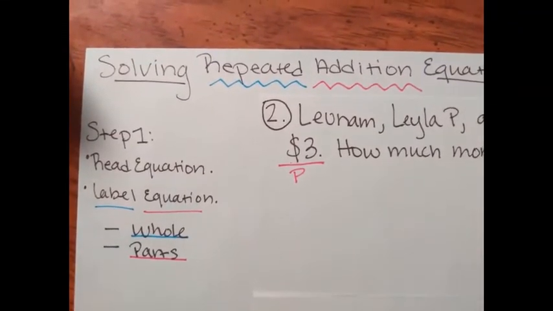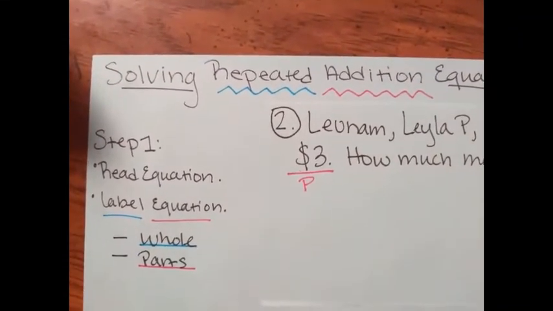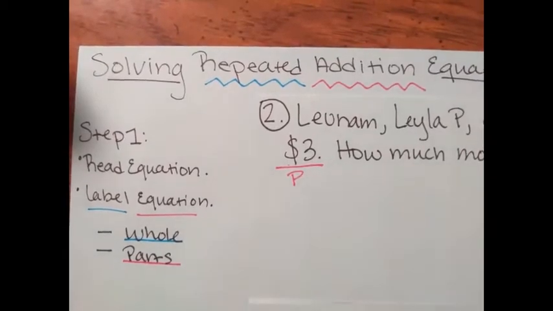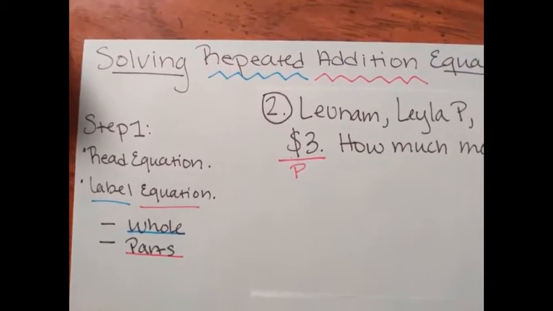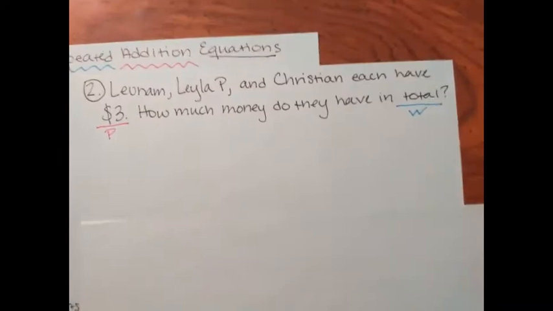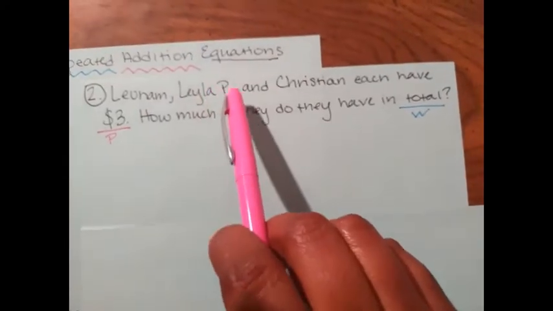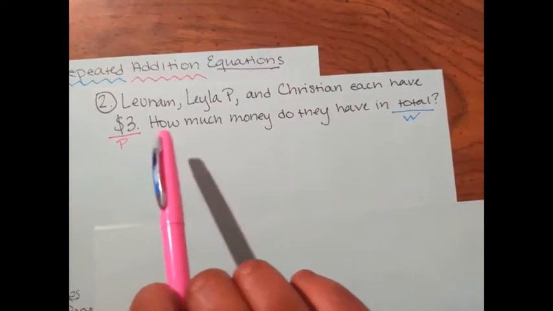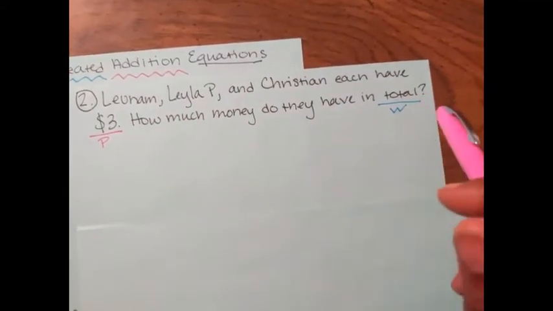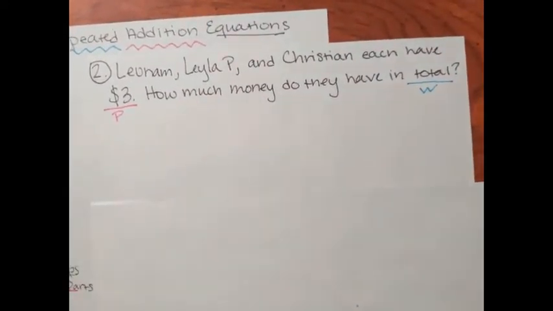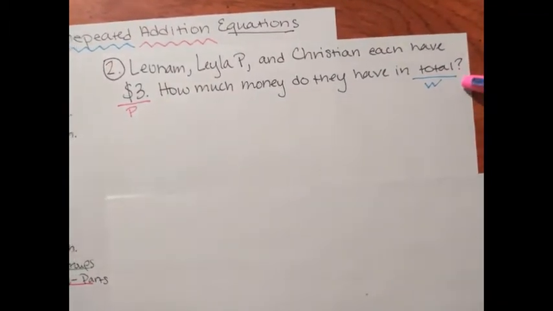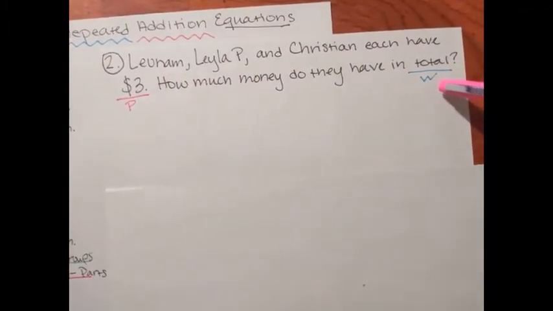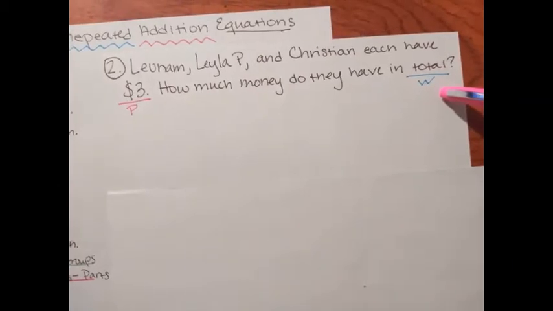Once we have read our equation, labeling our equation will come straight from what we read. So, Lunam, Layla P, and Christian each have $3. How much money do they have in total? So anytime a question is asking us for the total, we're going to be looking for our whole number.